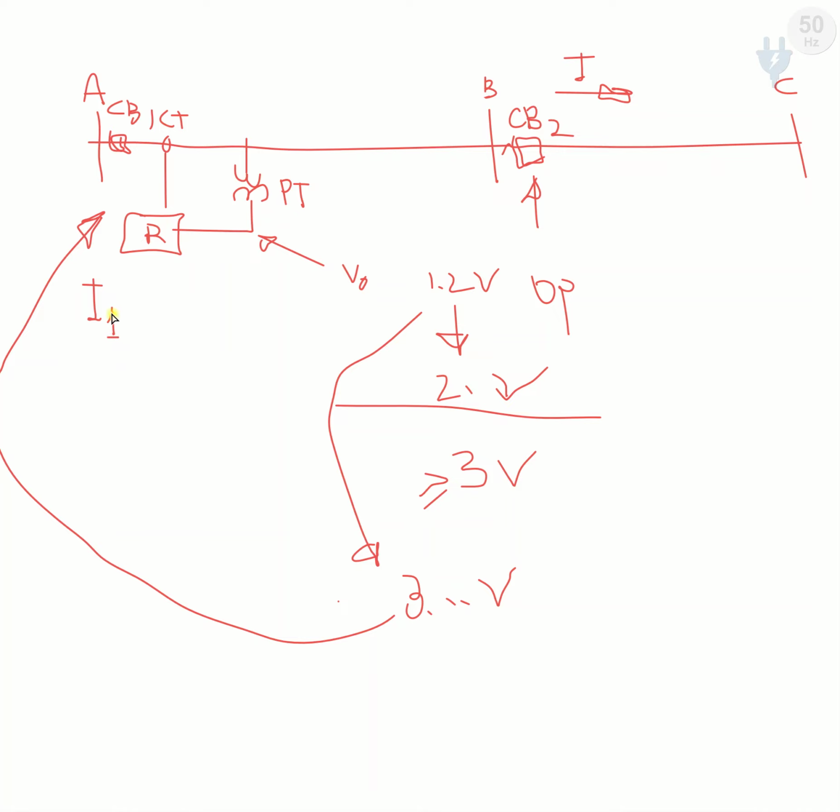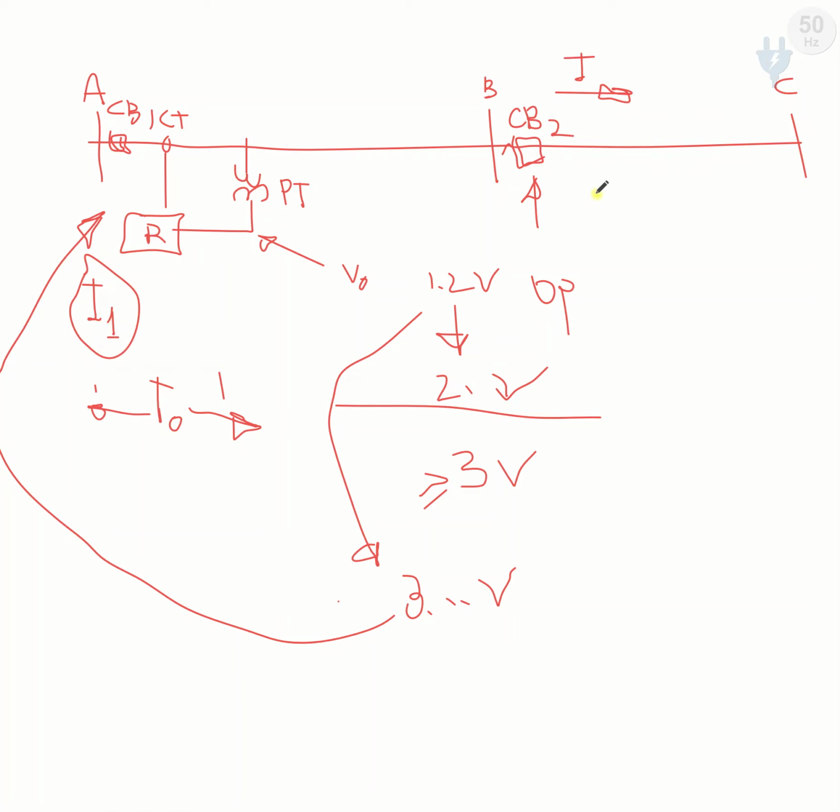The relay should analyze the positive sequence current I1 just before T0, at the time of the fault, and compare it with the positive sequence current just after the fault, analyzing before and after the happening of the fault.